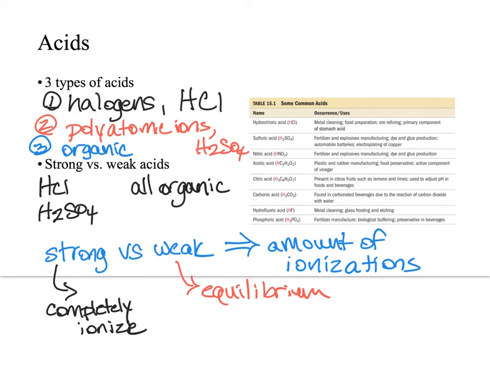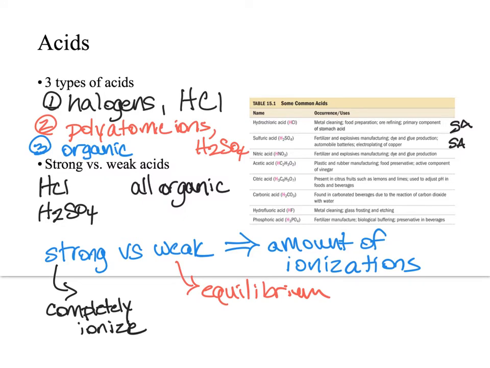We can also look at the list here, and you can see what things are used for. Hydrochloric acid, which is a strong acid, and I'll just put SA here. Metal cleaning, food preparation, component of stomach acid. Sulfuric acid is also a strong acid, as I've mentioned. Fertilizer and explosives, dye, glue, automobile batteries, electroplating of copper.